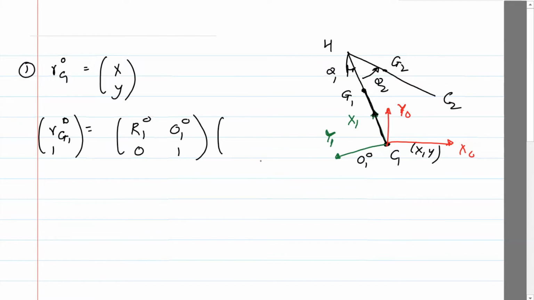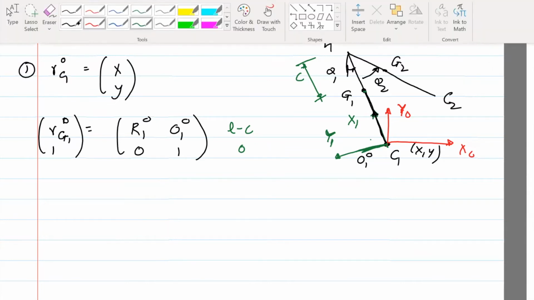So if x1 is along the leg, then the location of G1 is going to be, so we know that this point is C from H, and then the distance of G1 from the base C1 is going to be L minus C along the x-axis. It's going to be 0 along the y-axis. And then I need to put a 1 just to make the homogeneous transformation consistent.